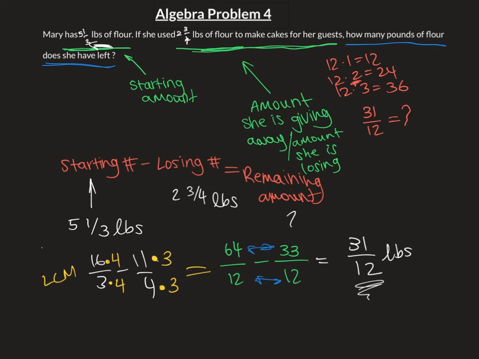We're using 2. Now we're left with 24. And now we have to do 31 minus 24. That would be 7. So 7 over 12. This is our final answer.